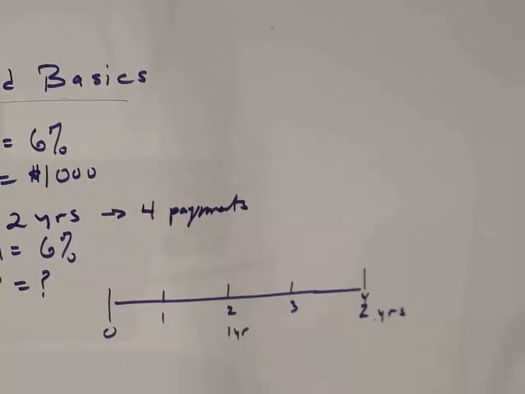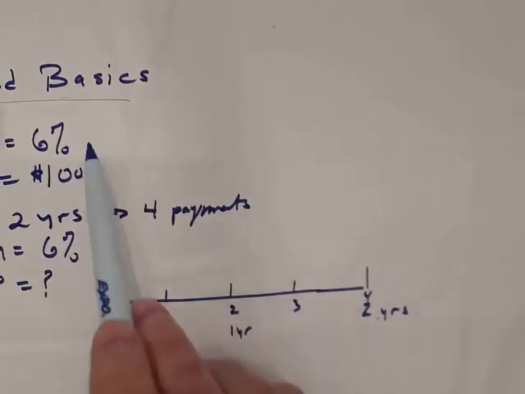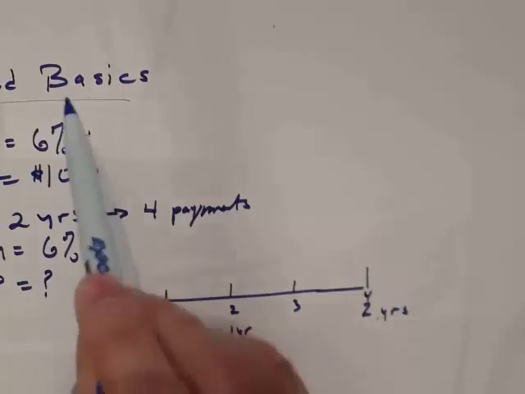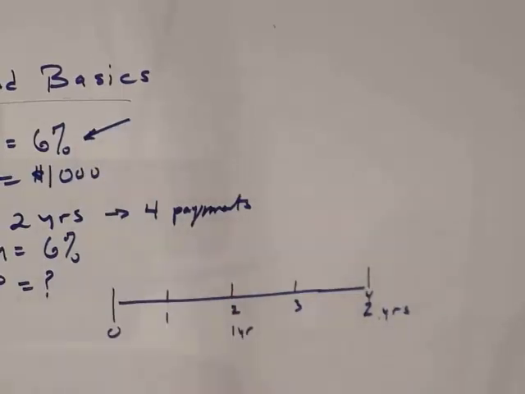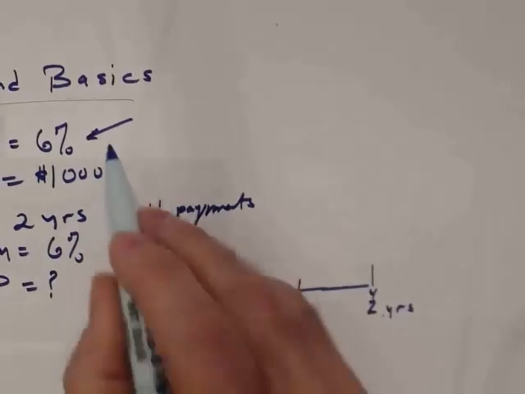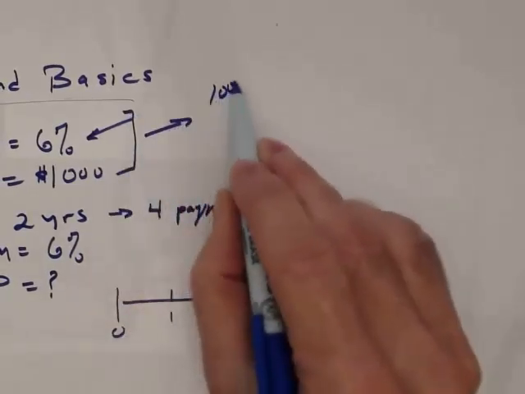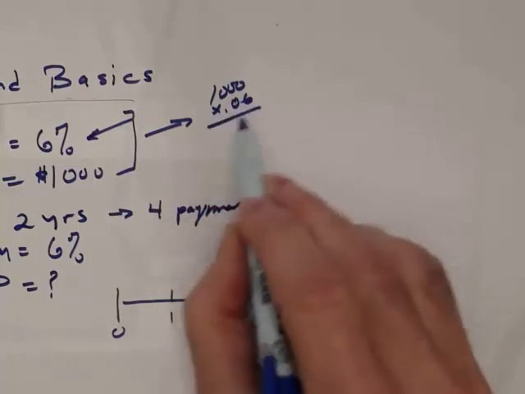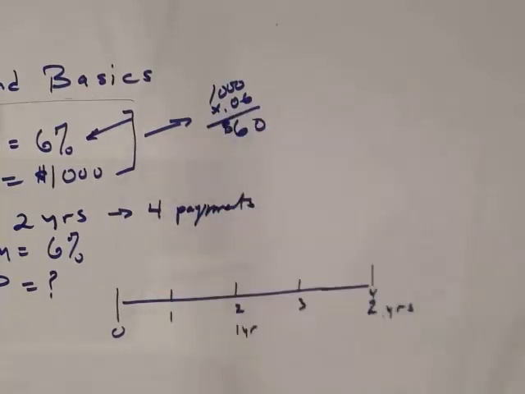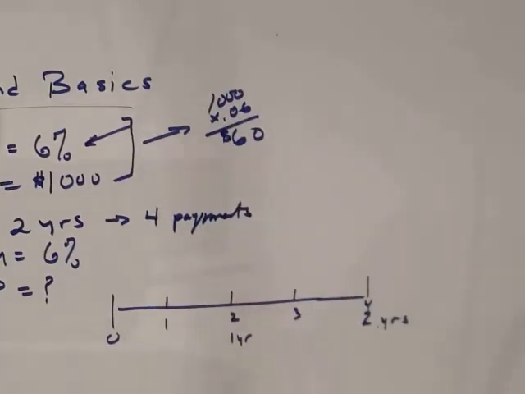And I just say, look, this is 1 year, and this is 2 years, and then here are all 4 semi-annual payments. The first thing you need to recognize is that this coupon rate is an annual rate. So what this says is this bond generates $1,000 times 0.06, $60 per year in interest coupons.